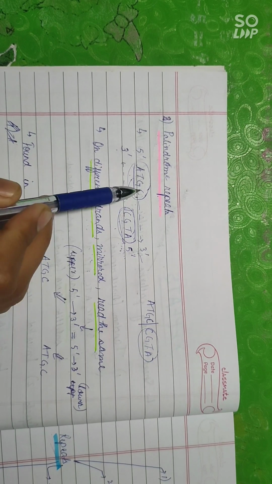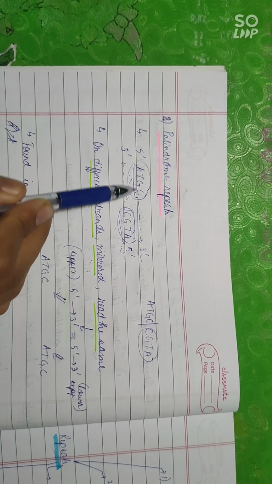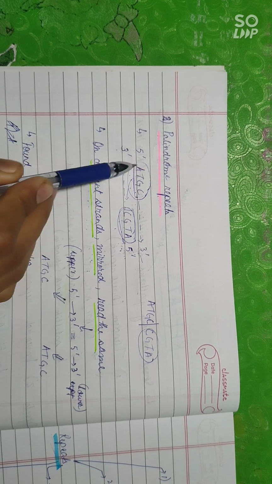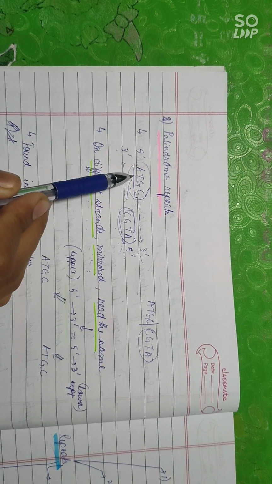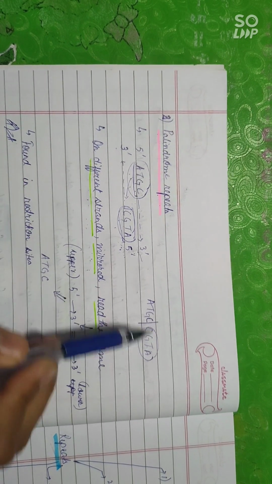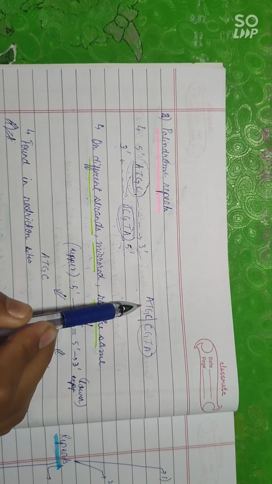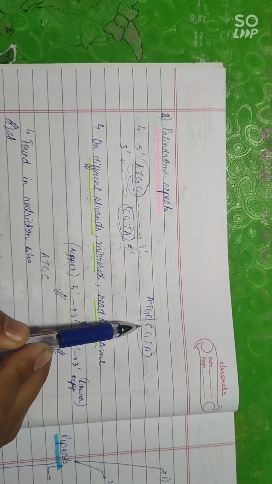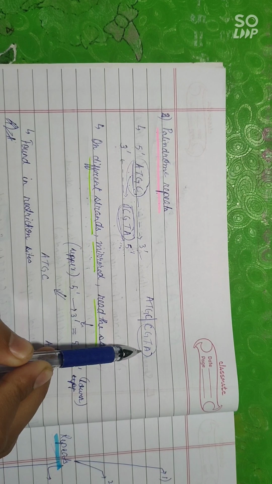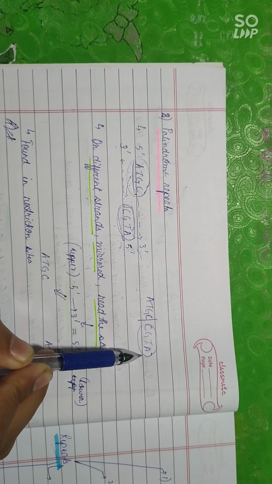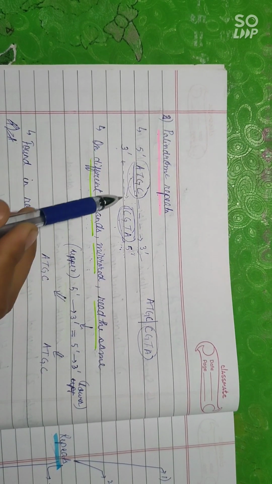Okay. So if we take the mirror image of ATGC, we have taken this nucleotide sequence as an example. The mirror image of ATGC would be CGTA, and if CGTA is found on a different strand, then we call it palindrome repeats.